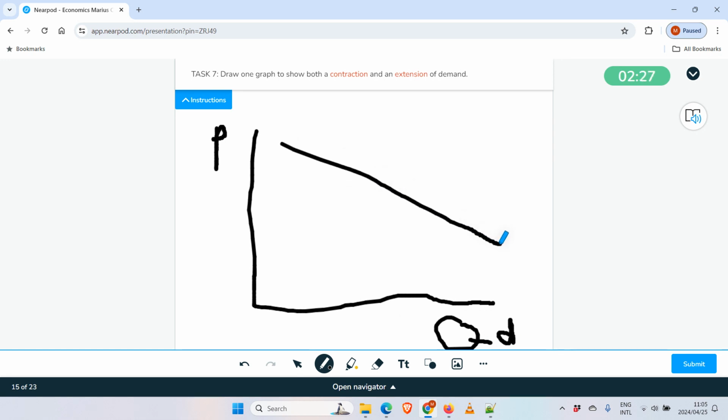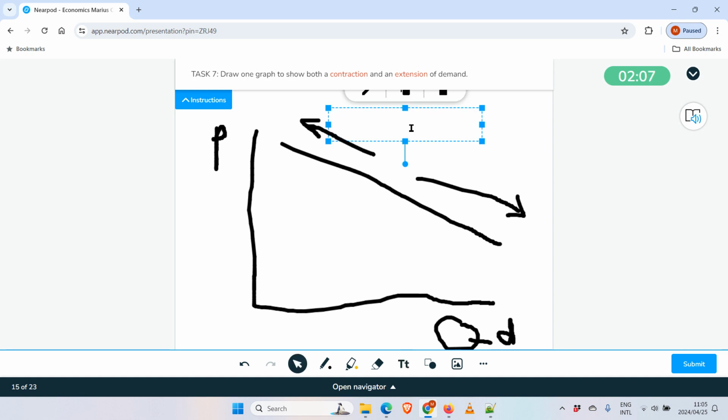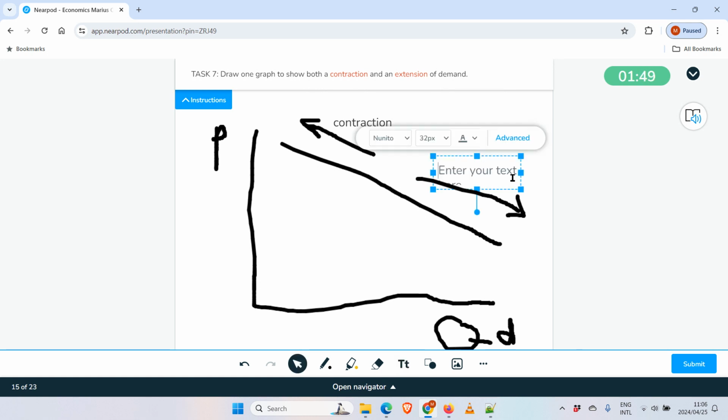Okay, students may draw a line and then they may indicate, let's say, contraction and extension.